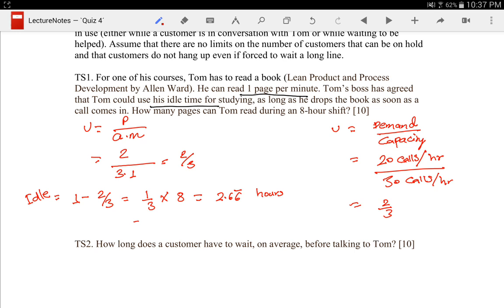We can convert that into minutes: 2.66 multiplied by 60 equals 160 minutes. That is, he has 160 minutes of free time. Given that he can read 1 page every minute, he can read 160 pages. A lot of calculations, but fairly straightforward.